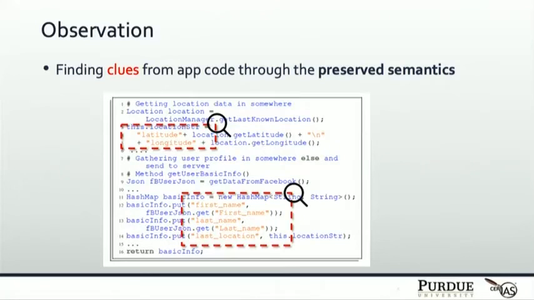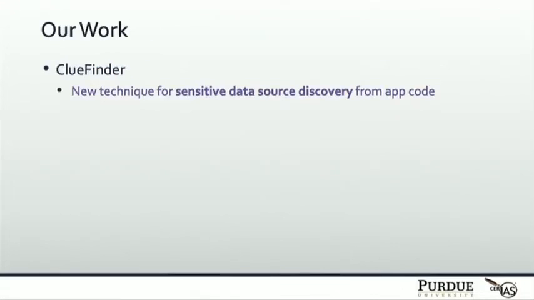So this provides us the opportunity to discover sensitive data from mobile apps rather than analyzing the real network traffic. Based on this observation, we first developed ClueFinder, a novel technique that mines the decompiled app code to recover semantic clues for identifying sensitive information.